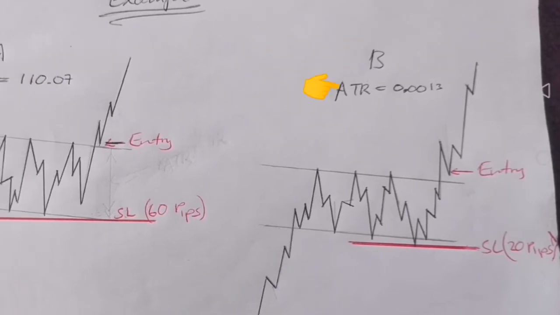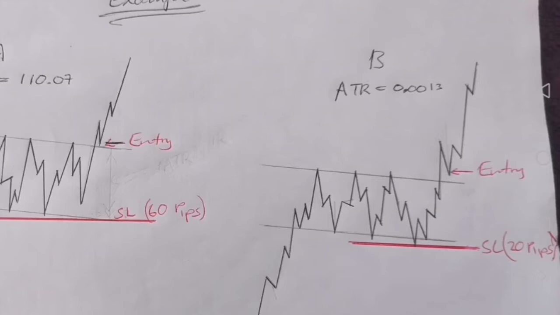It's 0.0013. And if you were to find the same chart pattern on this pair B, it would give you a far less stop loss in terms of pips compared to A. Why?